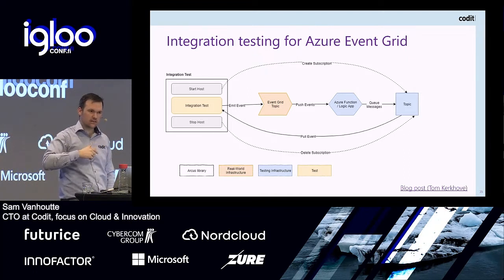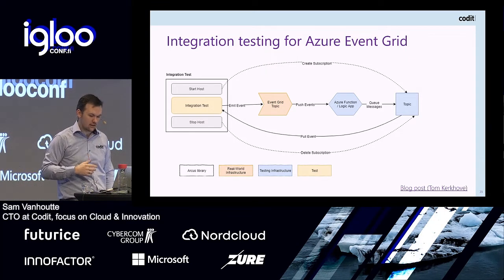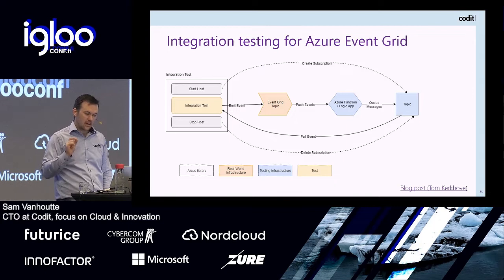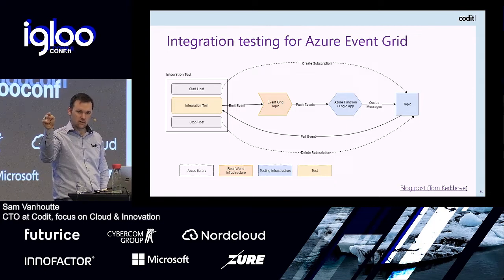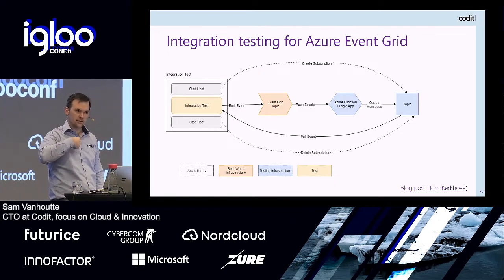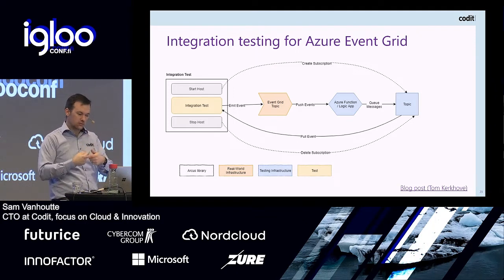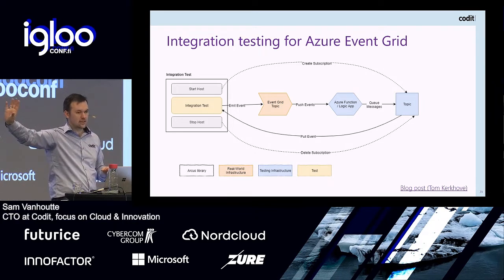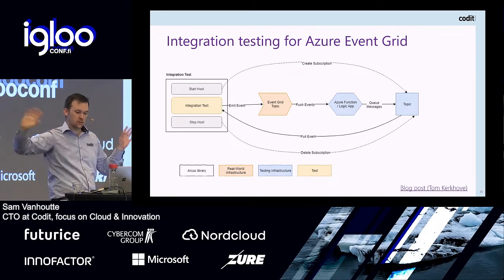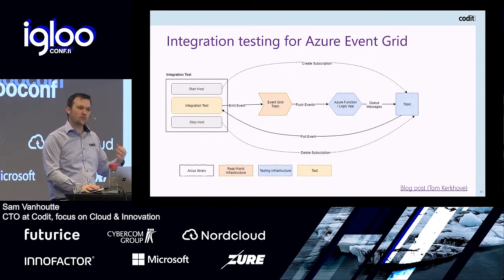And again, the session of Eldert will give more details on that, I think, on topics and subscriptions, to say, I want to listen to all the messages that come from my test. And you have that subscription created. It pulls the event. As soon as the validation happens, it also deletes the subscription. So the topic itself remains clear. And that's how you can quite easily do real integration testing, rather than stubbing everything out with pure unit tests. Okay?